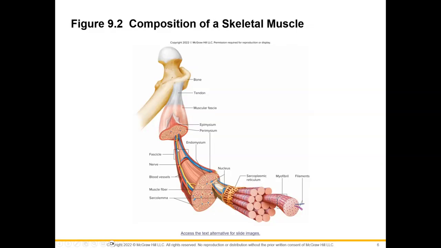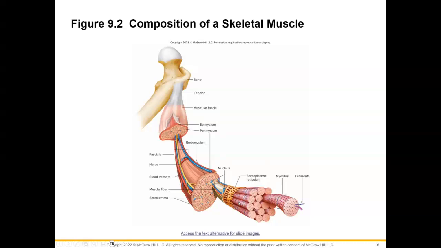Then we can pull out this entire segment here, which is a fascicle, and notice that the fascicle is covered with the perimysium that's around it. Then we can go further and pull out the individual muscle fibers, and notice they are surrounded by endomysium.